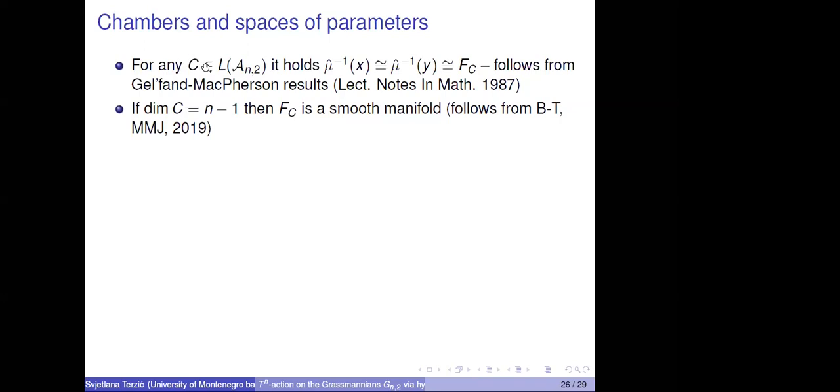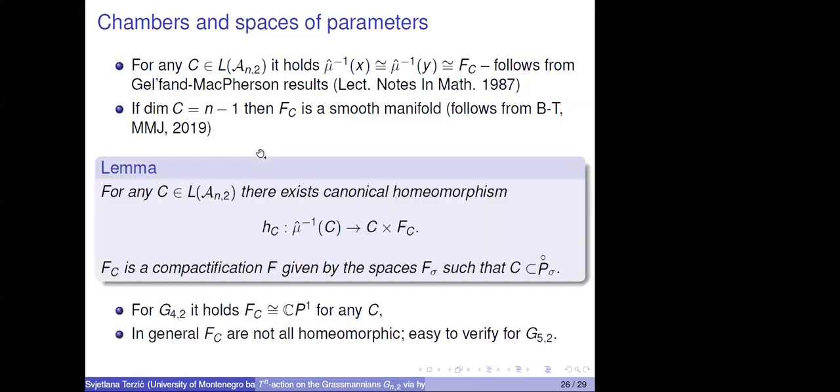So to each chamber C, we can assign some topological space Fc, which we call the space of parameters of this chamber C. If C is a real chamber of maximal dimension, then we proved earlier, not in this language, that this space Fc is a smooth manifold.